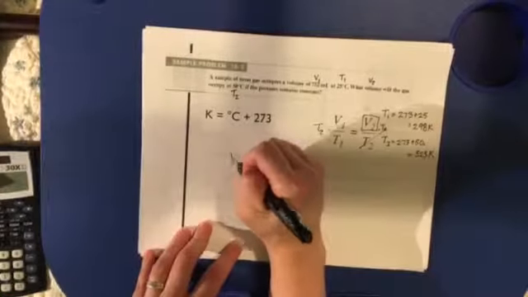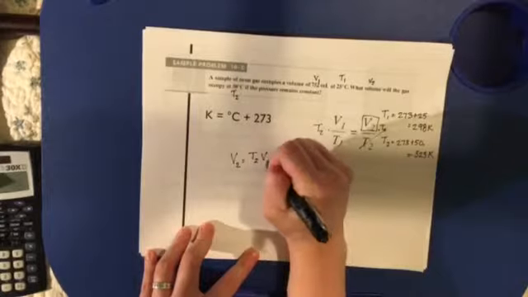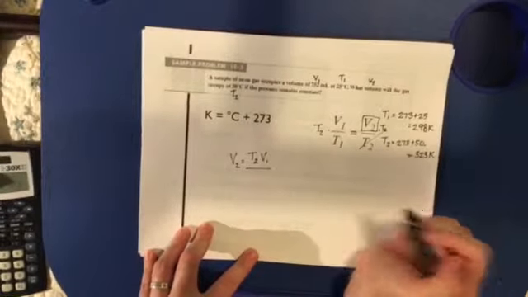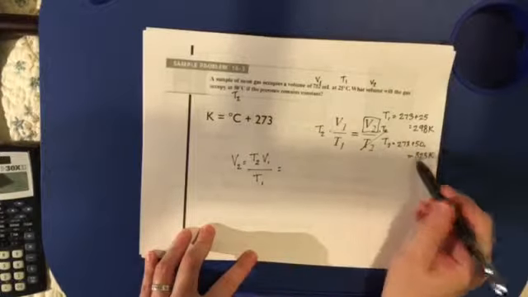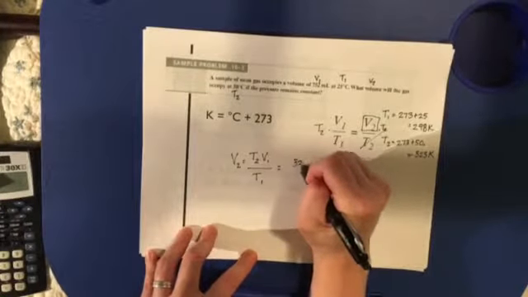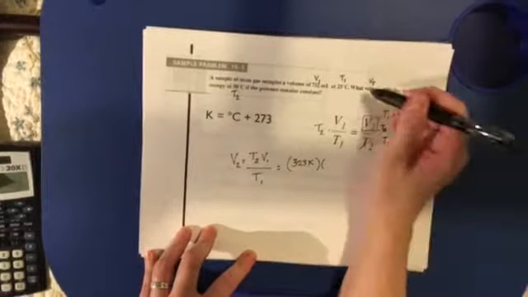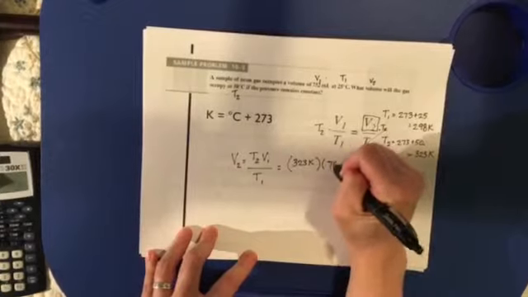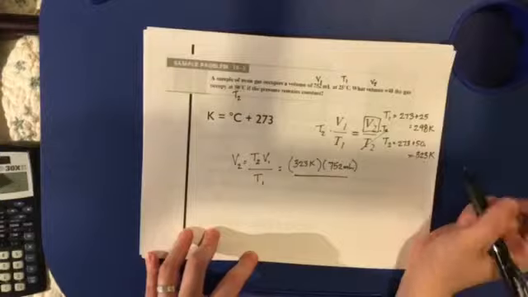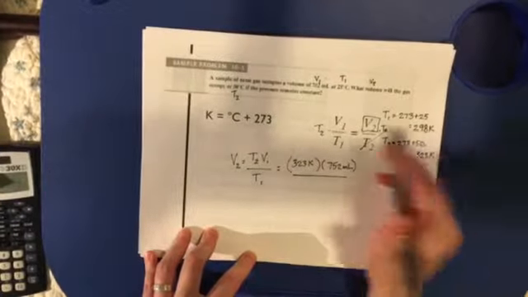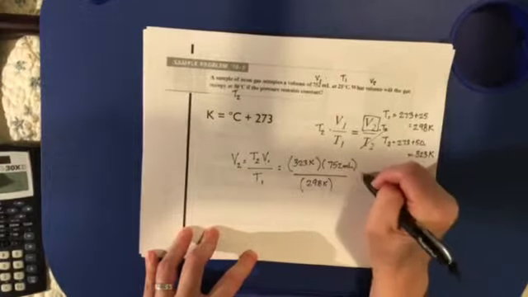And so V2 equals T2 V1 over T1, which is going to equal T2, which is 323 K, times V1, which is 752 milliliters, over T1, which is 298. Okay.